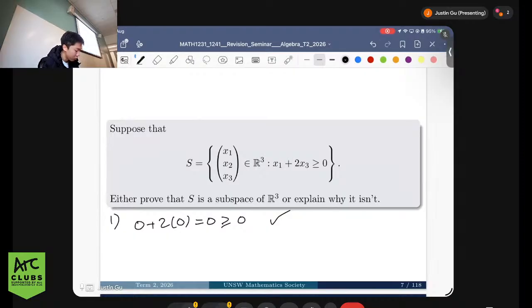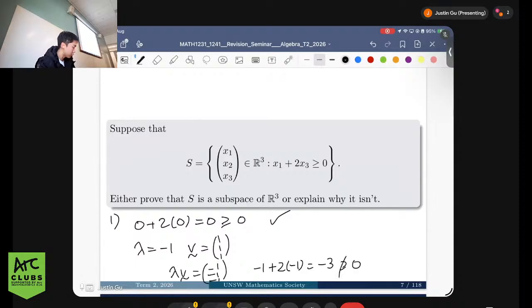Next, we can take a look at scalar multiplication. What we realize is that if we sub in lambda equals -1, and take the vector as something like 1, 1, 1, then your lambda v is -1, -1, -1, and you get -1 plus 2 times -1, which equals -3, which is not greater than or equal to 0.